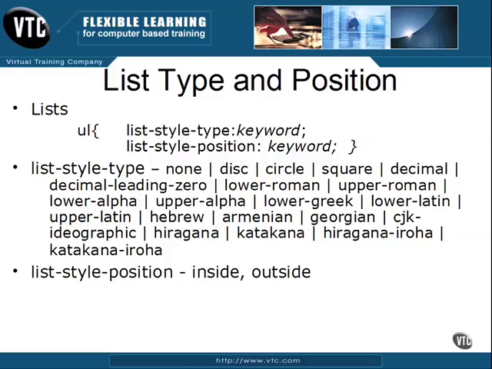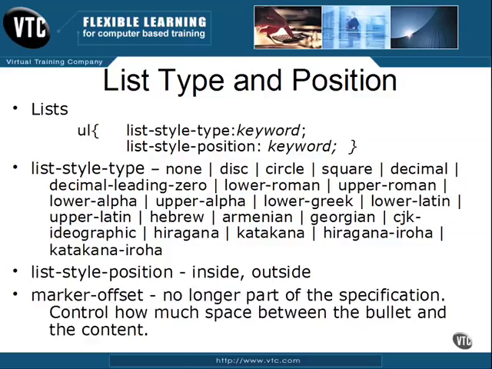But I do want to point out one last thing before we go over to the sandbox and put some of this into use, and that is our marker offset. You may end up running into this whenever you're looking at documentation for lists. However, it is no longer part of the specification. So in general, you should probably avoid trying to use it, and actually in most browsers, they don't even support this marker offset.